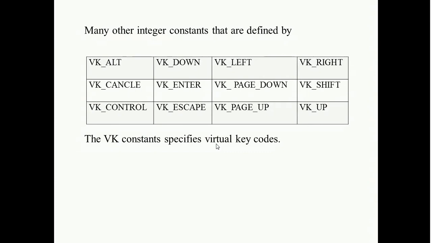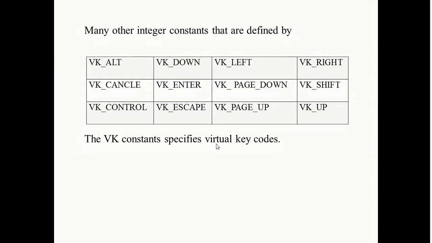Next, see some other constants of the key event. Many other integer constants are defined: VK_ALT, VK_DOWN, VK_LEFT, VK_RIGHT, VK_CANCEL, VK_ENTER, VK_PAGE_DOWN, VK_SHIFT, VK_CONTROL, VK_ACCEPT, VK_PAGE_UP and VK_UP.